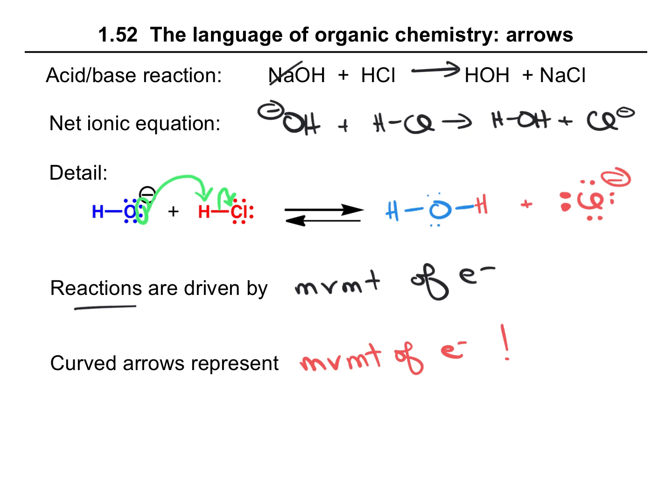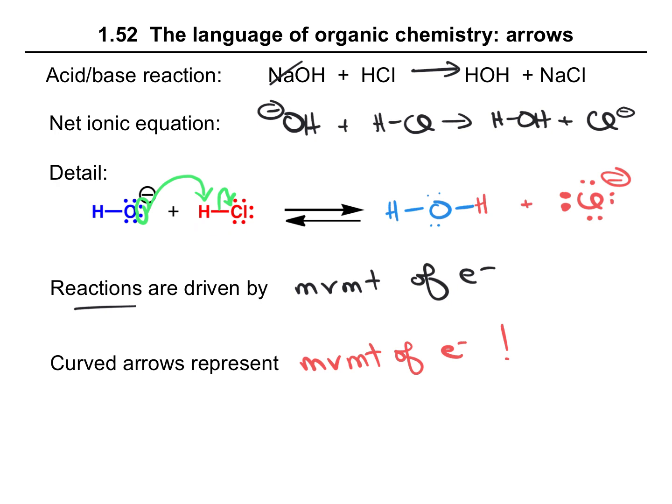But another way to think about this is that by using these arrows, this gives us a very efficient shorthand to be able to describe what's happening. If I wanted to describe what's happening without using arrows, I would have to say that a lone pair of electrons on the oxygen of hydroxide is used to form a new covalent bond with the hydrogen nucleus of hydrochloric acid.